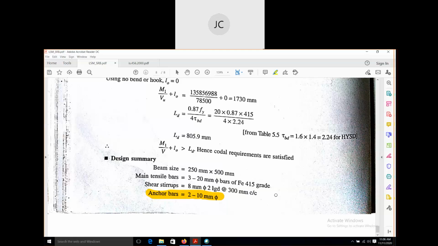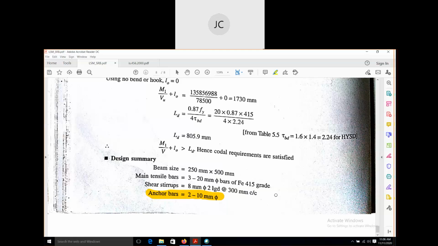We have to provide them at the top. Otherwise how can you hold those shear reinforcement or stirrups? If you don't have anything at the top portion of the beam and you are providing these stirrups, then who will hold that reinforcement? There must be something at the top by which we can bind those stirrups, because at the bottom we have reinforcement where we can bind the stirrups.